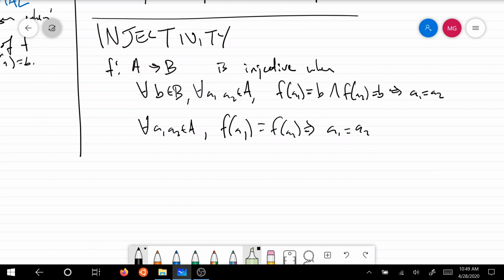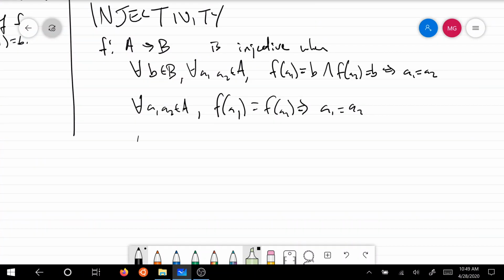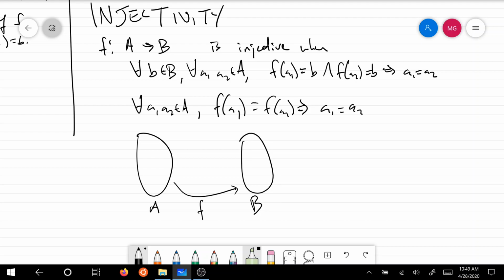Okay, let's look at this pictorially. Here's the set A. Here's the set B. Let's have them both be messy, please. Thank you. We have some function f between them. Okay, and there's a1, there's a2, here's b.